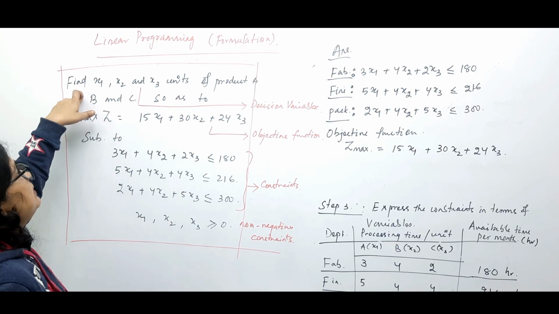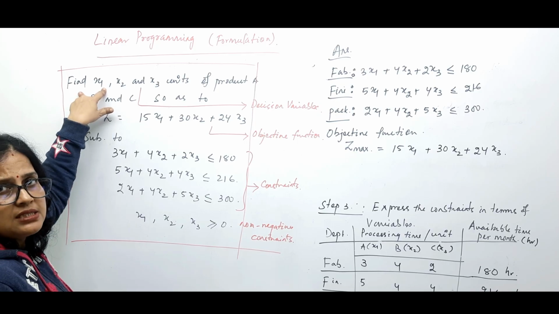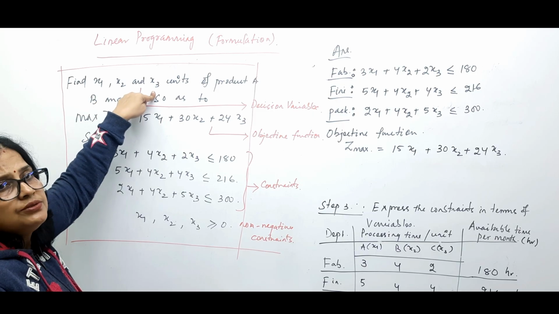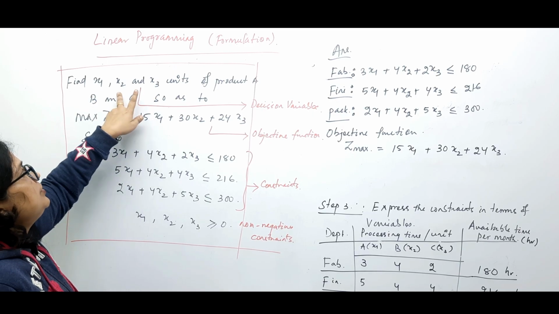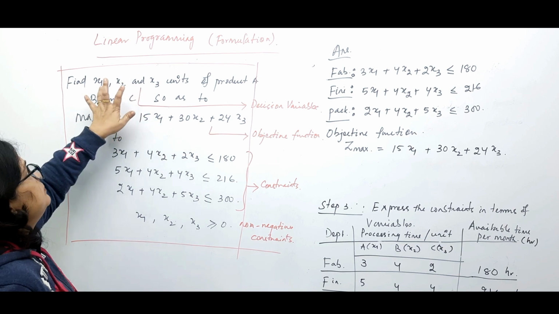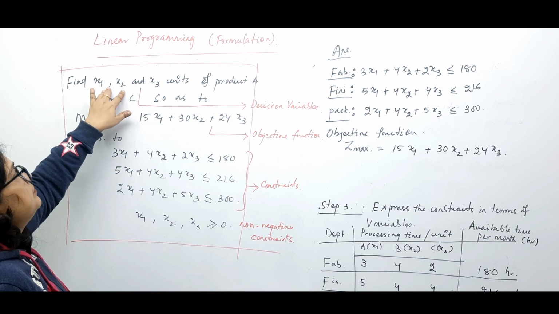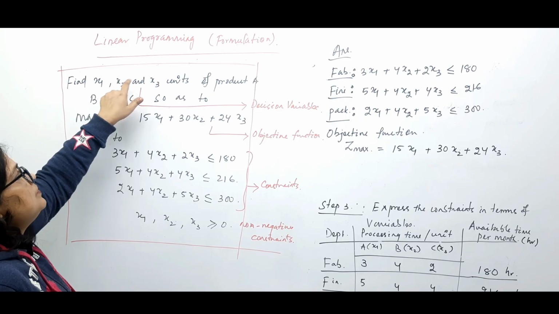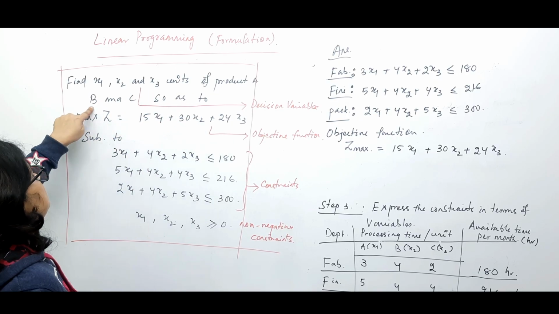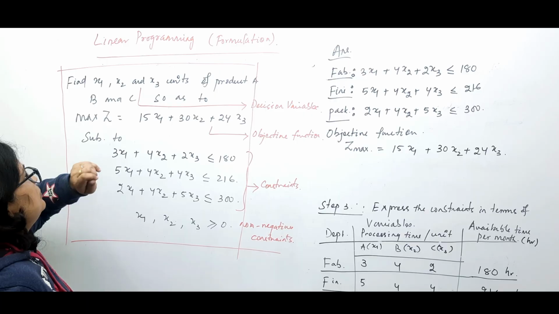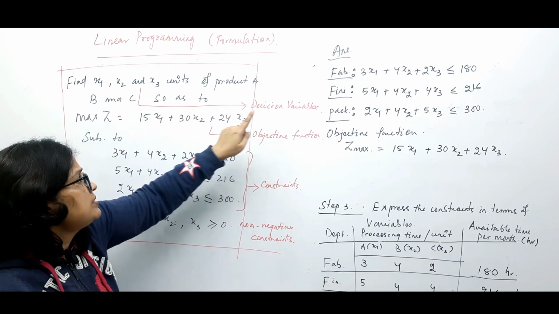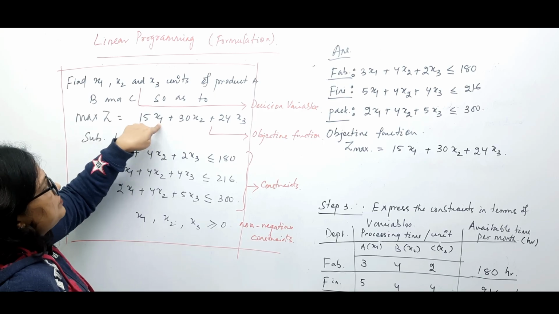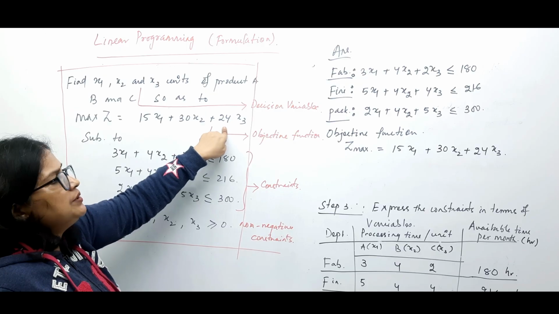We have identified the decision variables as X1 units for product A, X2 units for product B, and X3 units of product C. So find X1, X2 and X3 units of products A, B and C, these are our decision variables, so as to maximize Z equal to 15x1 plus 30x2 plus 24x3.